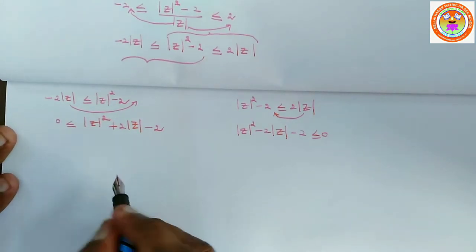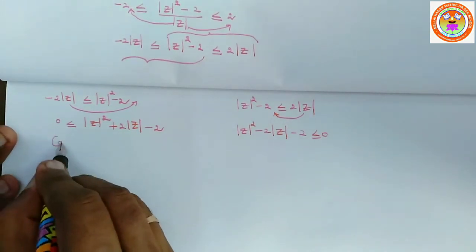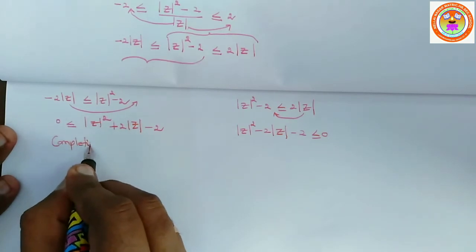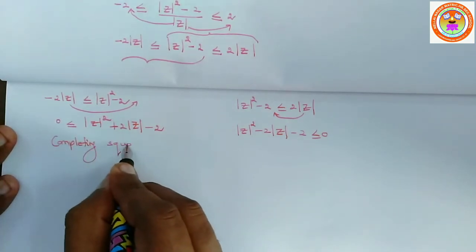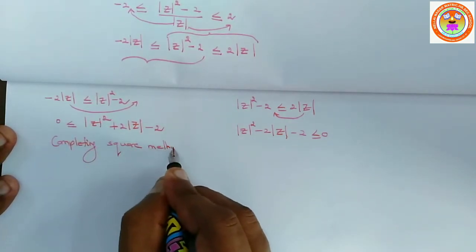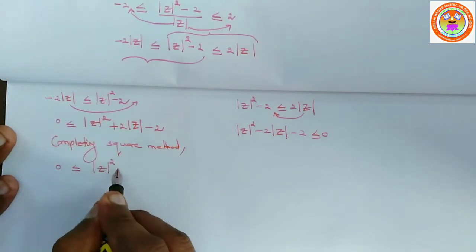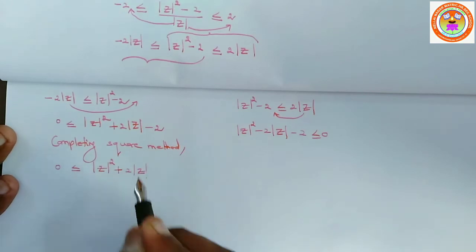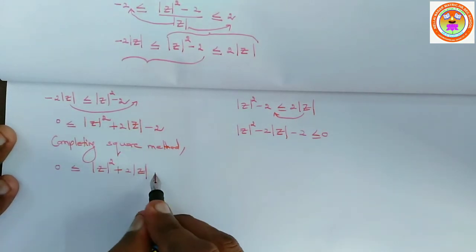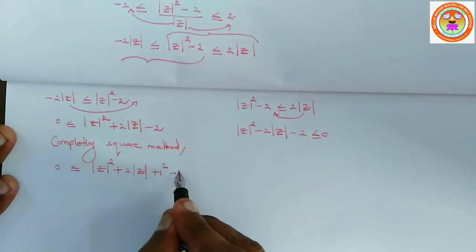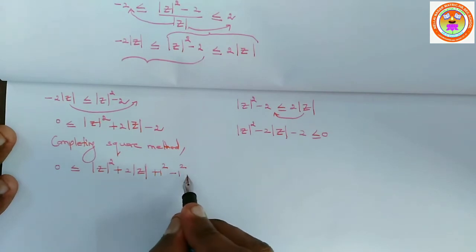So now, using the completing square method, 0 less than or equal to modulus of z square plus 2 modulus of z, I need to write plus 1 square minus 1 square and minus 2.